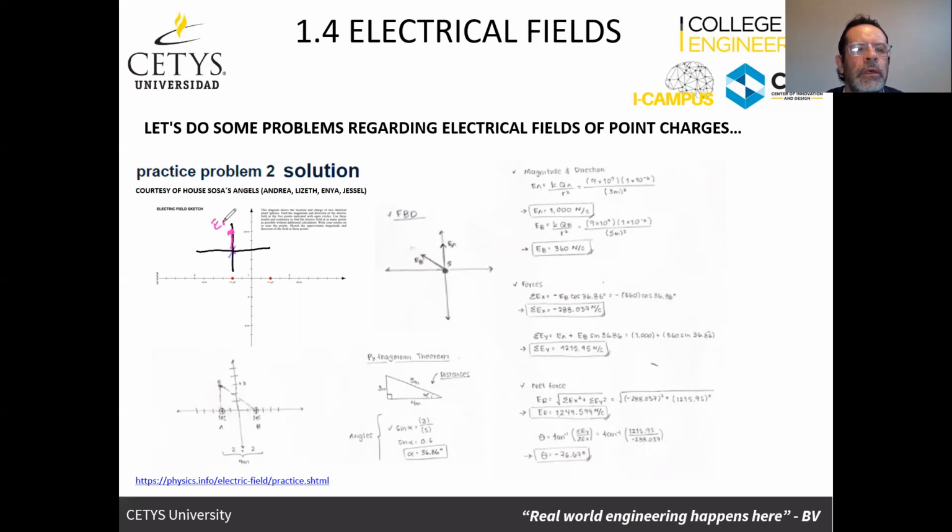That is going to be the one from EA. It's going to be directly aligned with the charge because it's on the same axis. And then we're going to have an electrical field regarding B that's going to be going something like this over to this side. Okay, and there's going to be an angle here that we need to calculate.